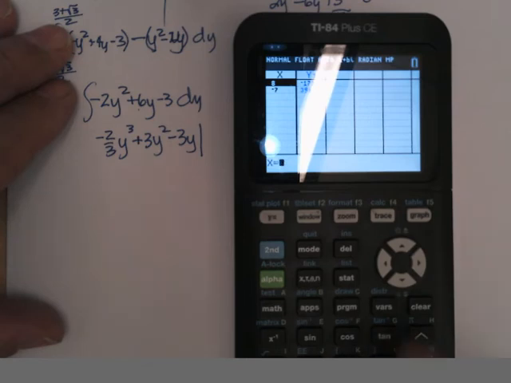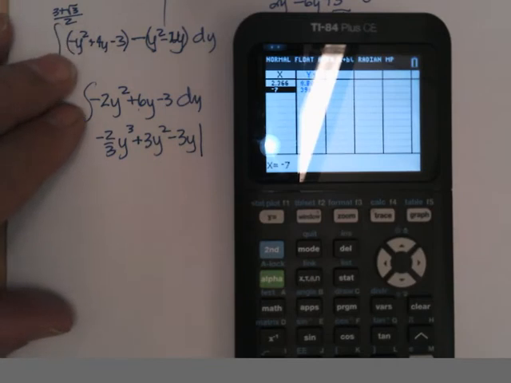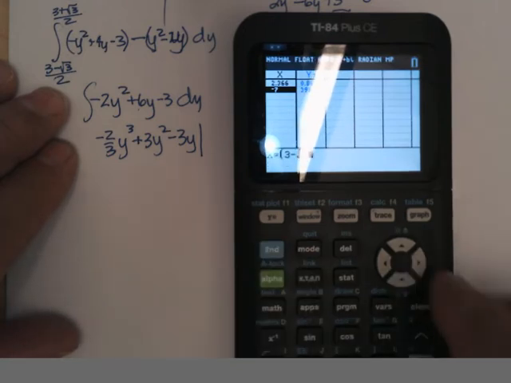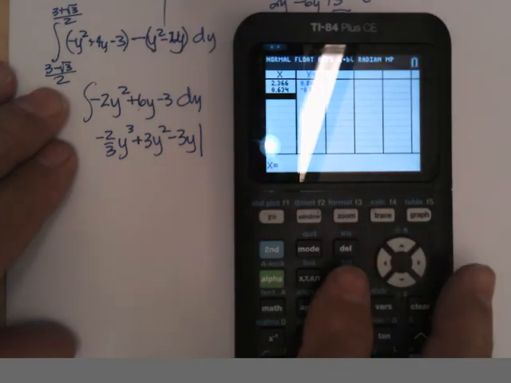3, parenthesis, 3 plus the square root of 3, close parenthesis, divided by 2, and then I have to go from, on this one, parenthesis, 3 minus the square root of 3, close parenthesis, divided by 2, enter, and the difference of those two is what I want.